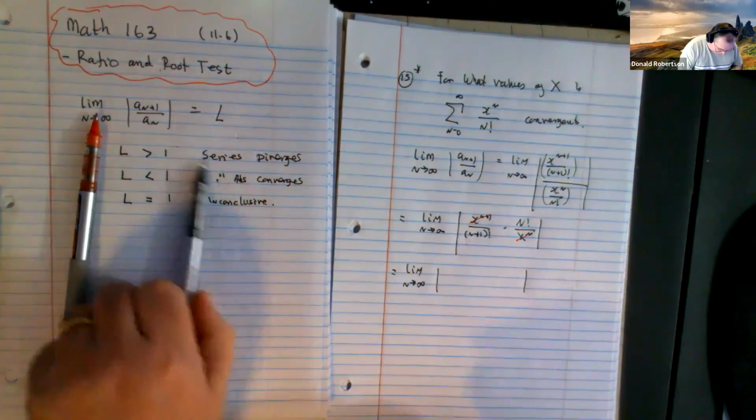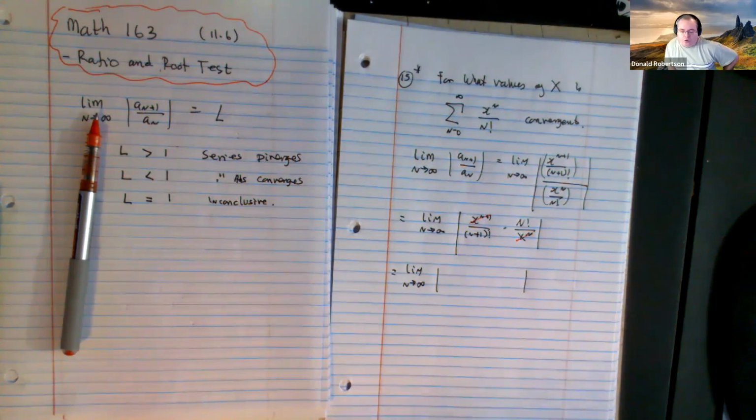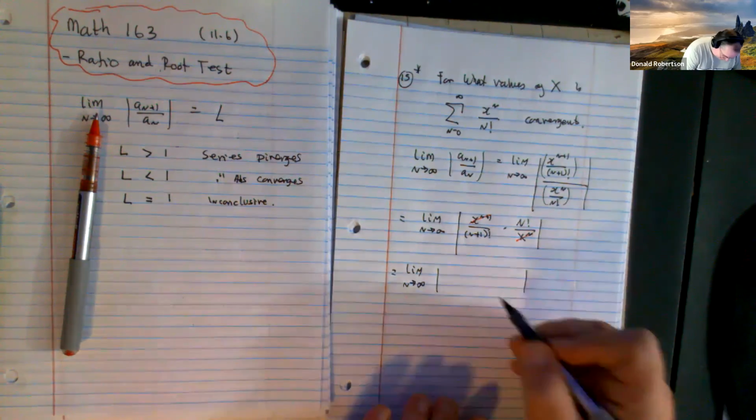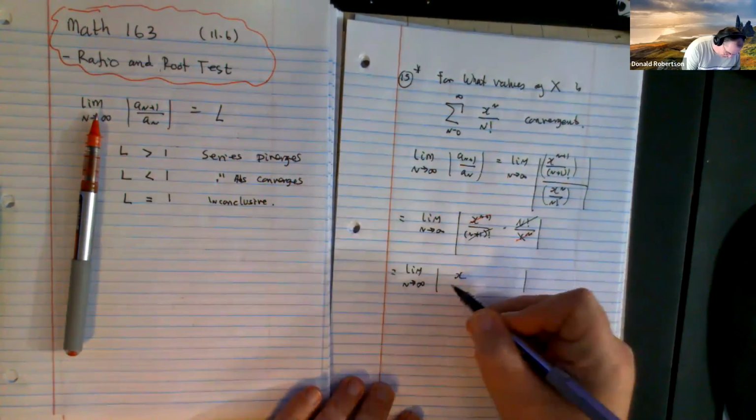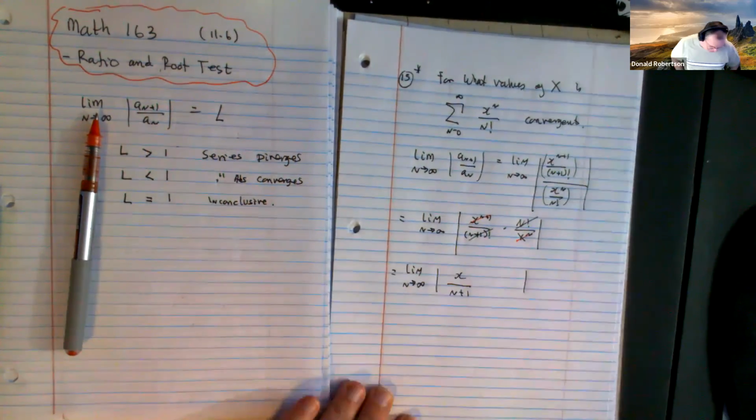What's left, and will it be in the top or the bottom? x to the n plus 1 on the top, cancel again, x to the n on the bottom. What's going to be left? Just call it x. And then if we cancel these, can I put an n plus 1 on the bottom?